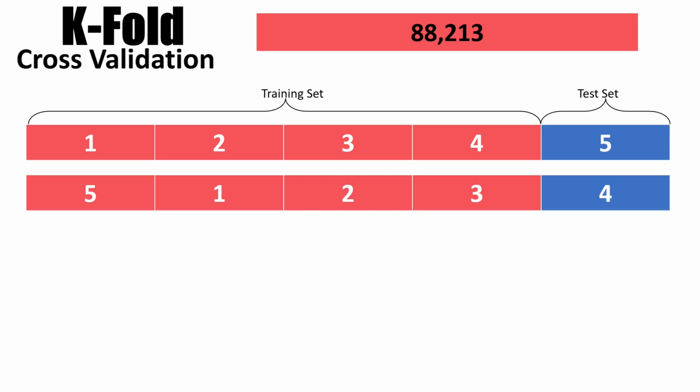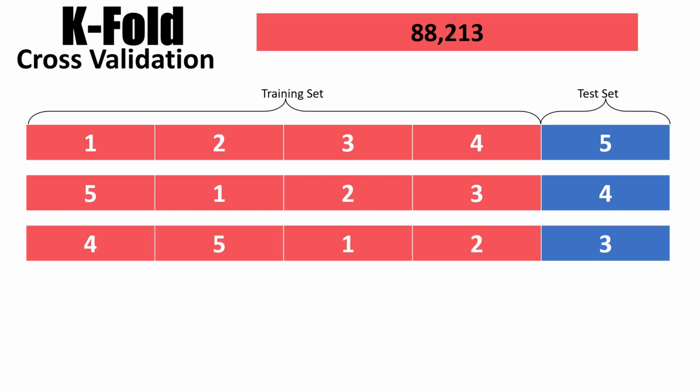In the second iteration, if you see, the 5th set I have included in the training, and the 4th set I'm using for test. In the same way, in the next iteration, the 4th, 5th, 1st and 2nd folds I'm using to train my model, and this third fold I'm using to test it.